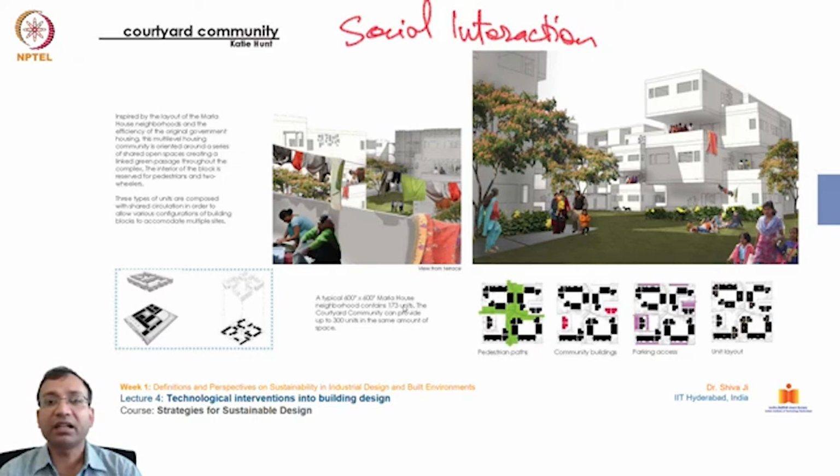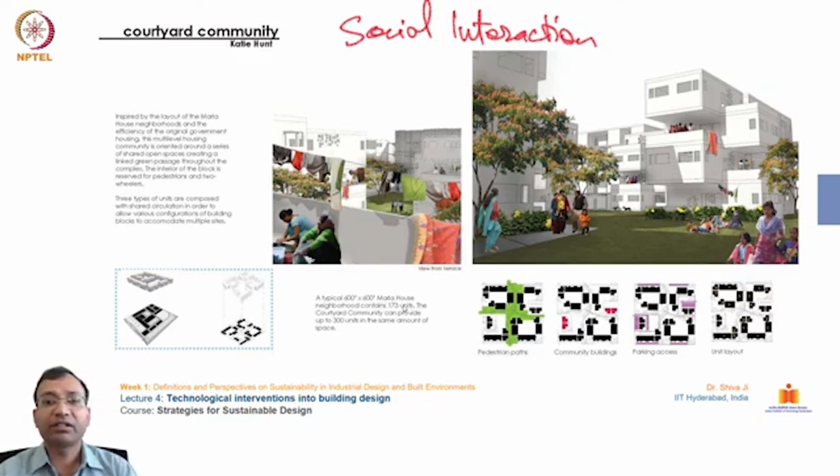So how can design help over here? By using elevated spaces, or maybe restricted areas, so that there is no access for cars or vehicles to come inside. This can be a forced or intentional strategy adopted to improve social interaction in any given society.